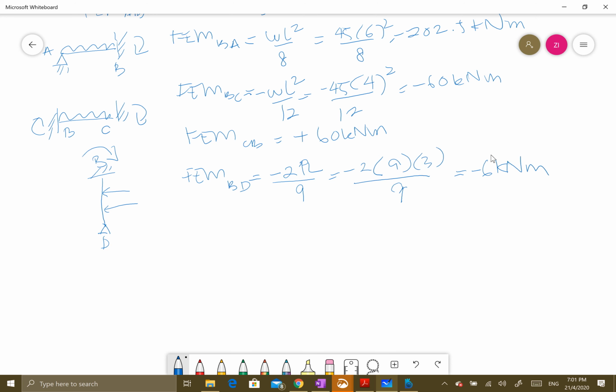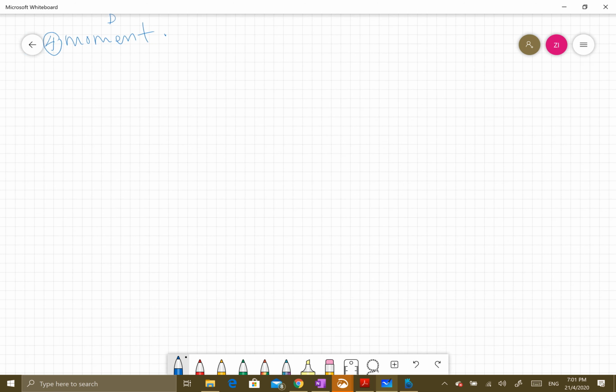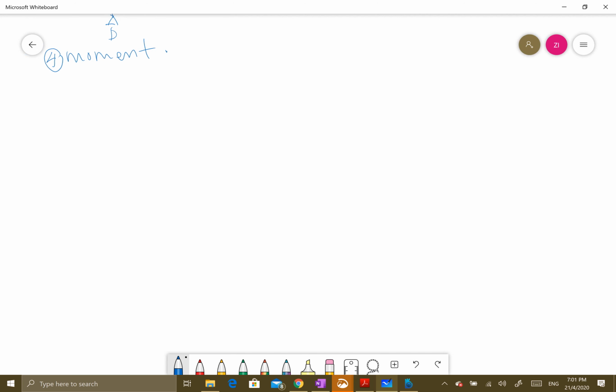Okay, so now you are ready to do the fourth step, which is moment calculation. Okay, so for the moment we need to draw the table.